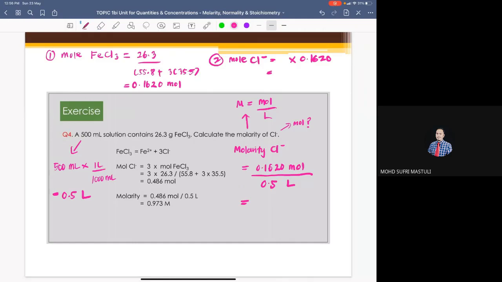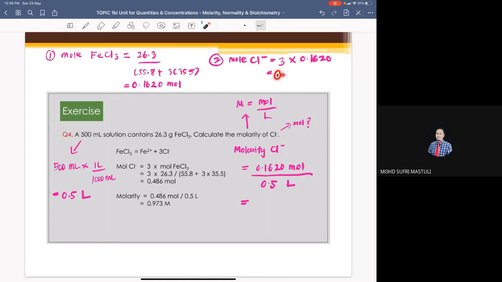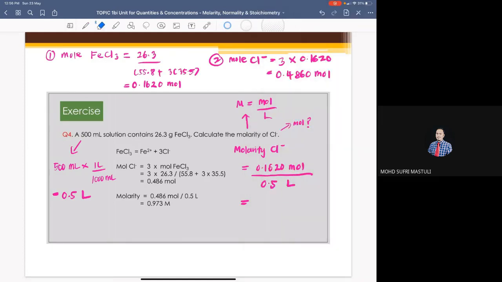It should be 3 because of 3 Cl atoms in the FeCl3. So 3 times 0.1620, 0.486 mole.